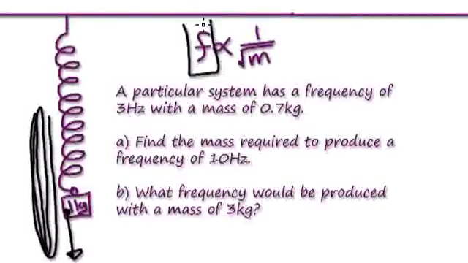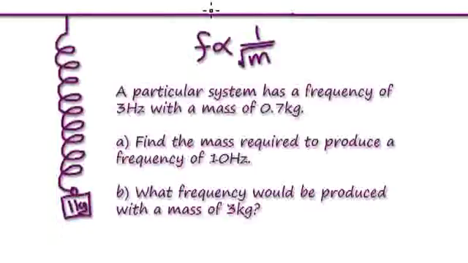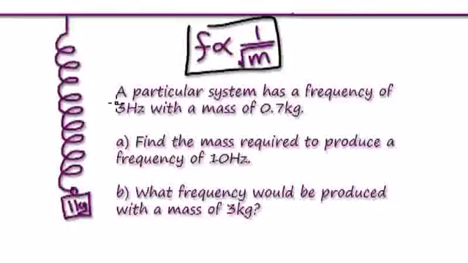Now, the frequency, don't worry about this word frequency. Your science teacher will one day explain it to you. But the frequency is inversely proportional to the square root of the mass. Okay, so given this, and given that this particular system has a frequency of 3 hertz.